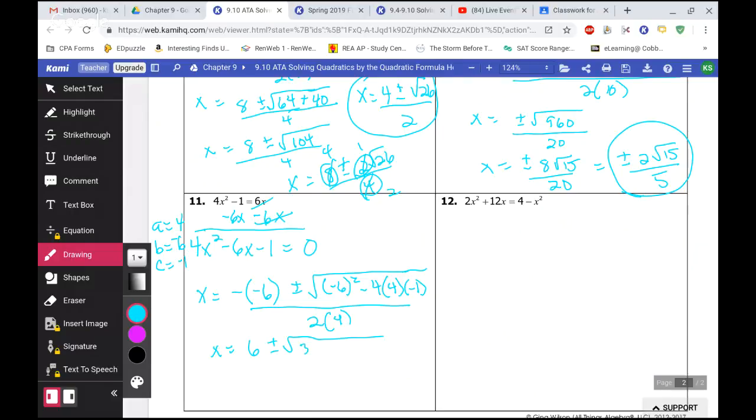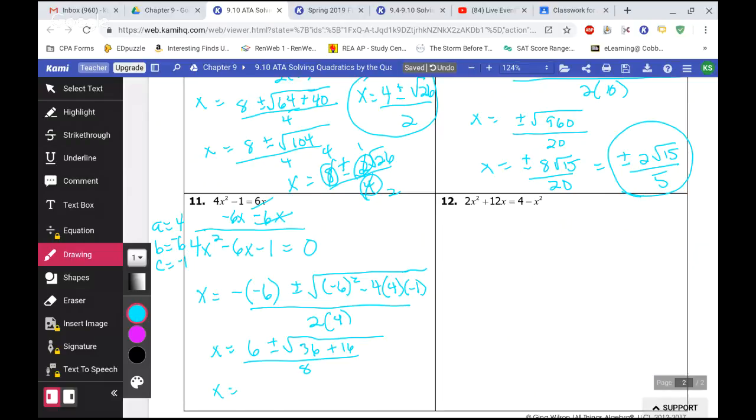And -6 squared is 36. -4 times 4 is -16. And -16 times -1 is +16, all over 8.